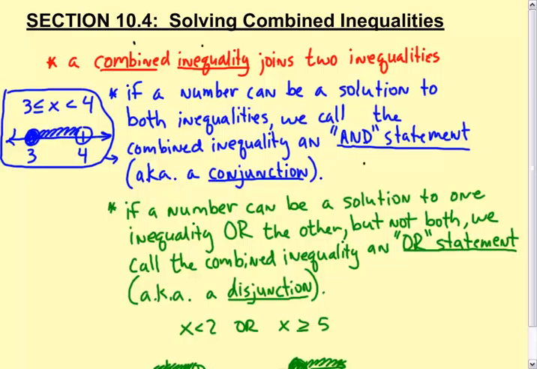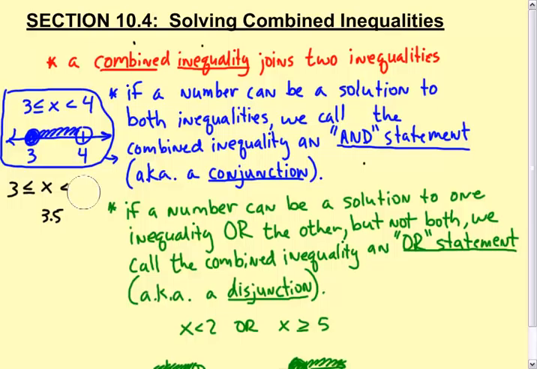This inequality is x is greater than or equal to 3 and less than 4. There are numbers that satisfy both of those, like 3.5. 3.5 is greater than or equal to 3. It's also less than 4. So you see, this joins two inequalities, and there's a number that can be a solution to both of them at the same time, okay?